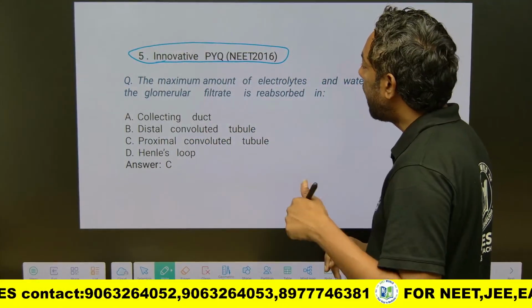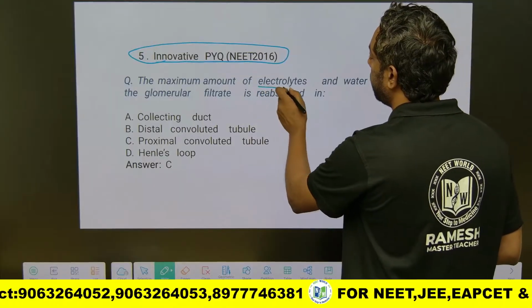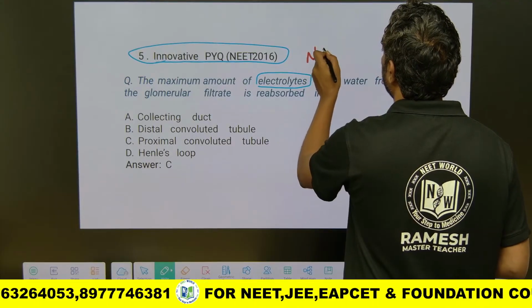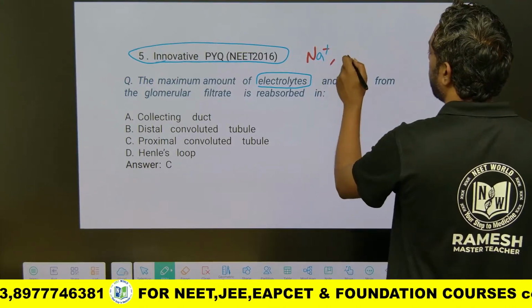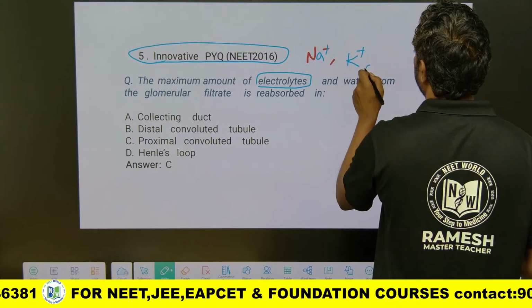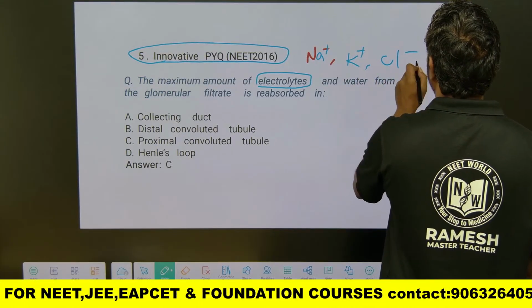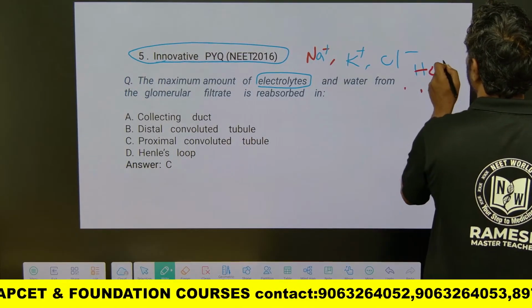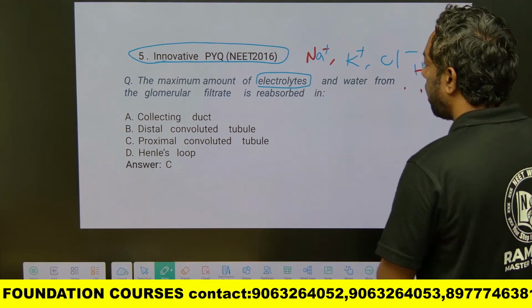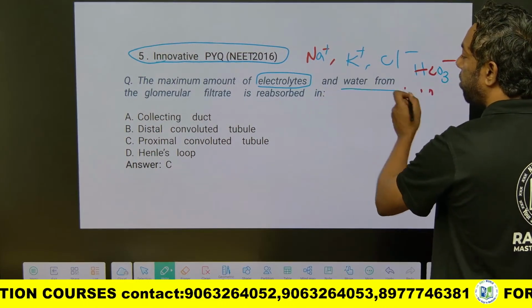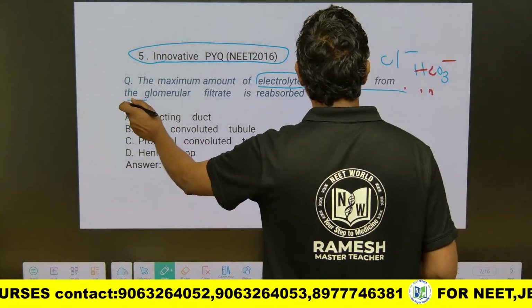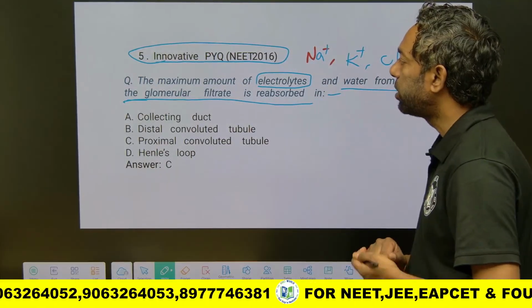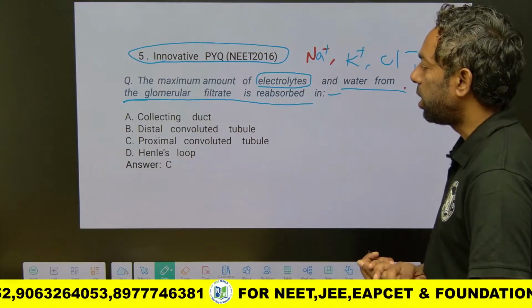The maximum amount of electrolytes like Na plus, K plus, Cl minus, bicarbonate HCO3 minus, and water from the glomerular filtrate is absorbed in. Innovative question, maximum amount of electrolytes.